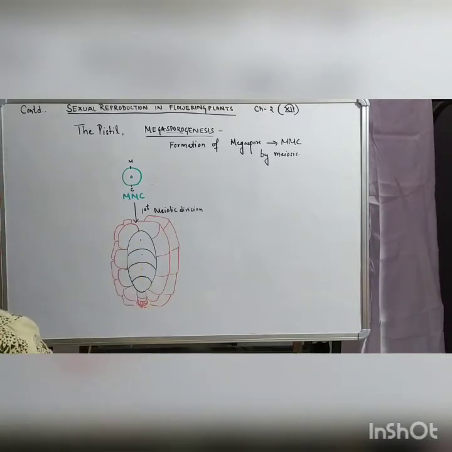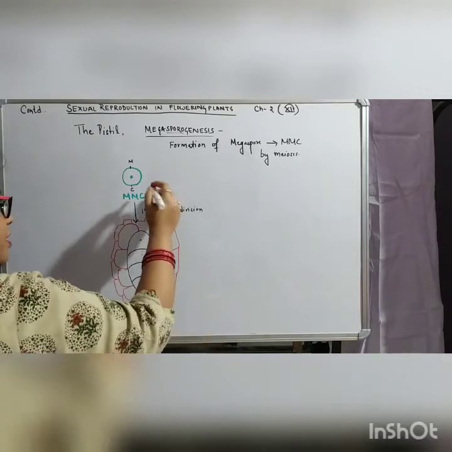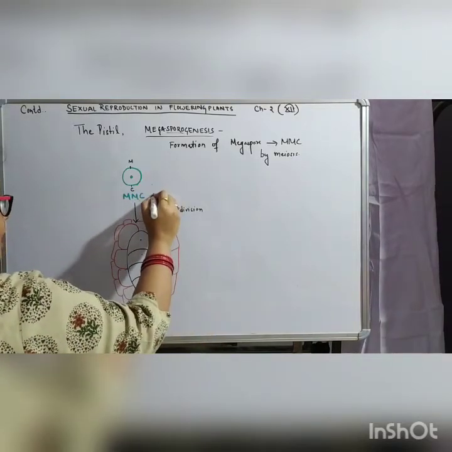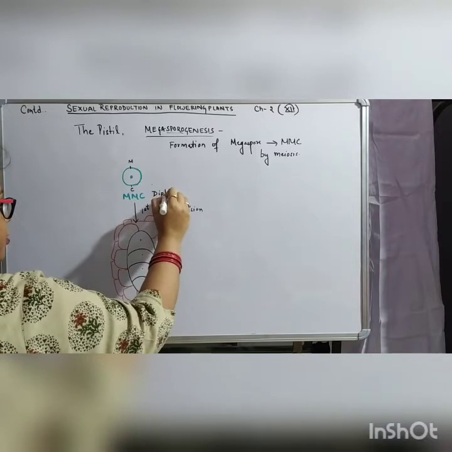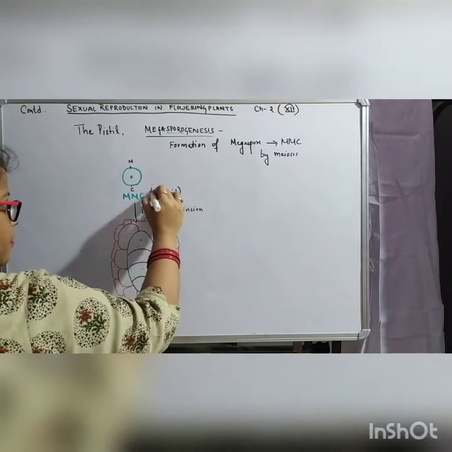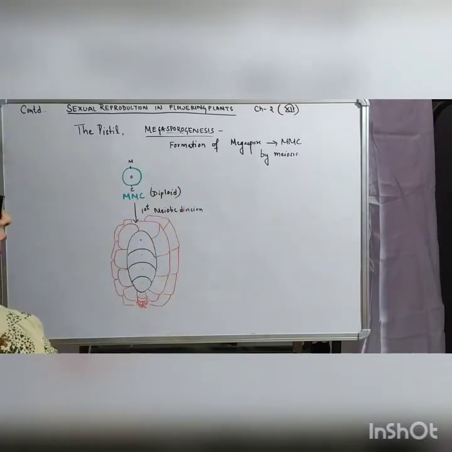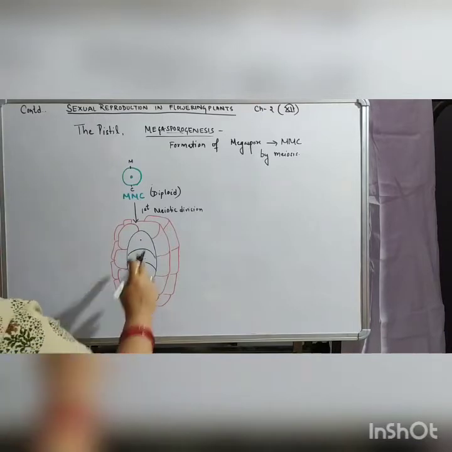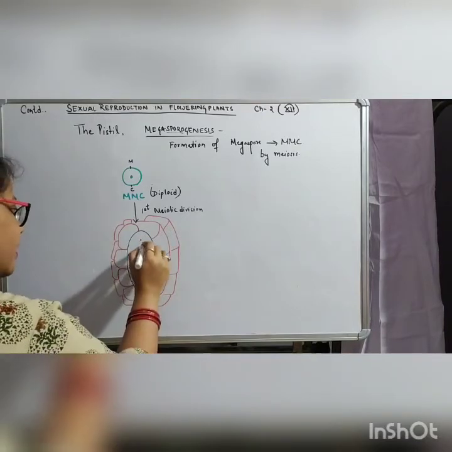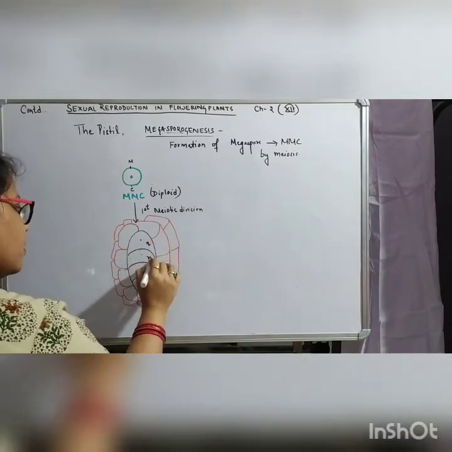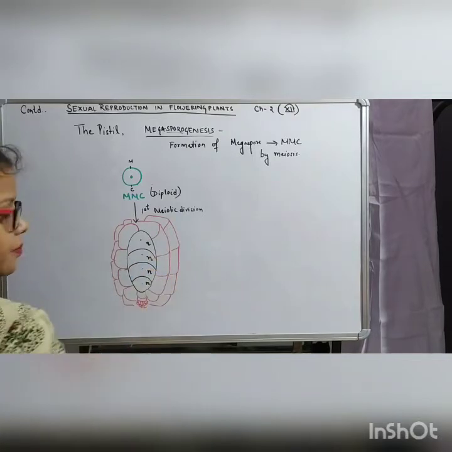That means the megaspore mother cell which we derived from the ovule is a diploid structure, and when it undergoes division, it gives rise to 4 haploid products.